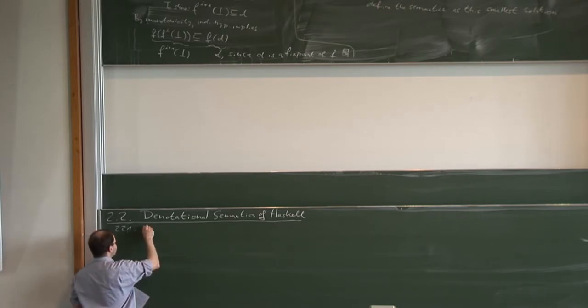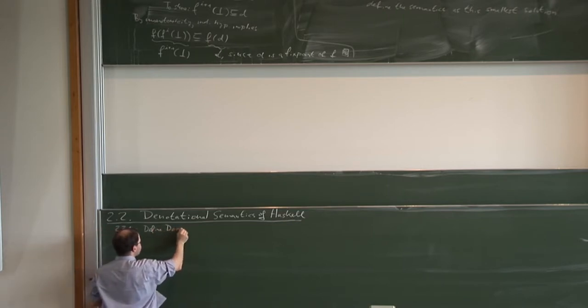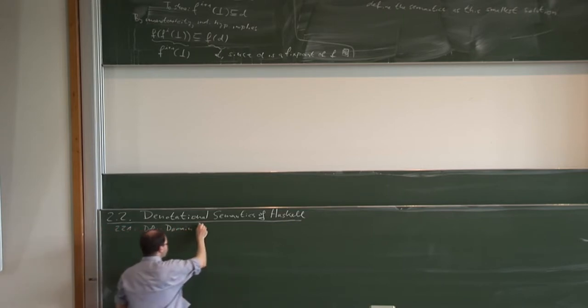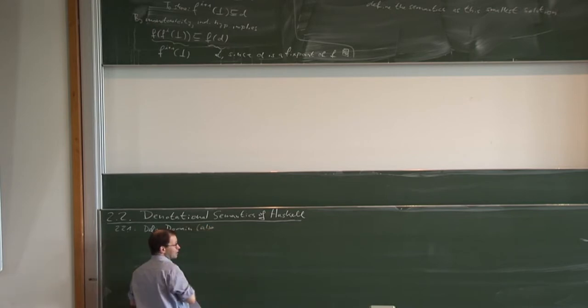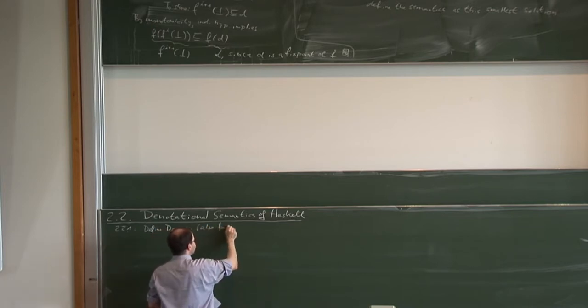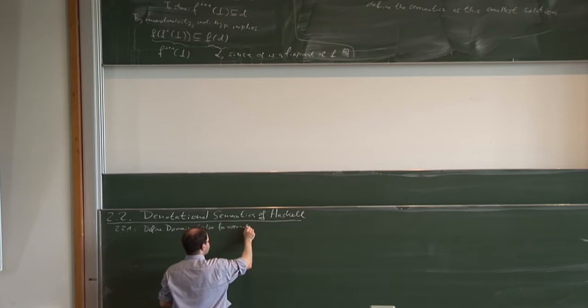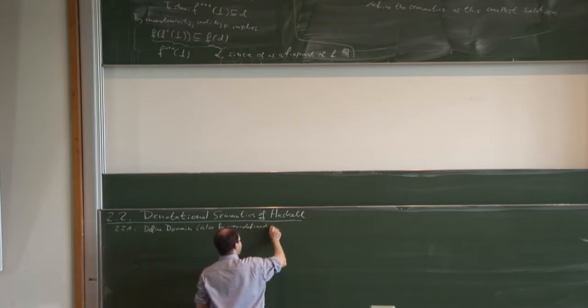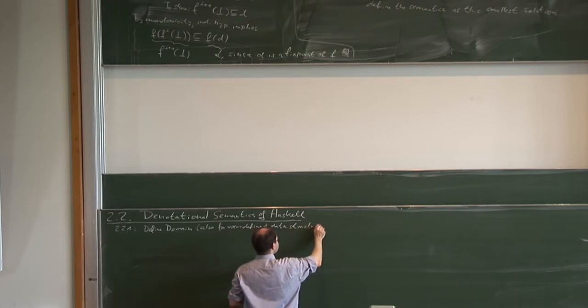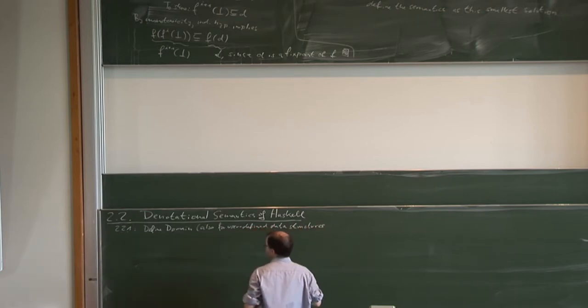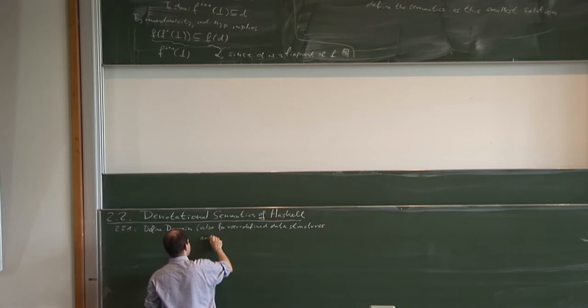So here we define the domain that we use also for those things that we excluded up to now: user-defined data structures and polymorphic types.